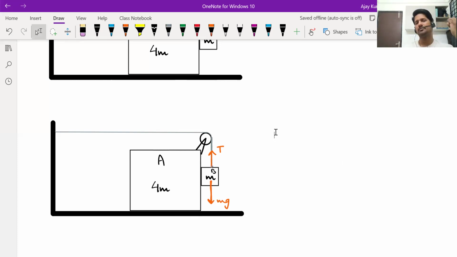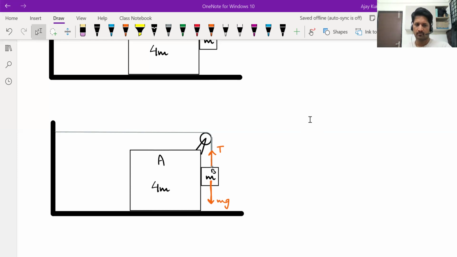Any idea, anyone? What makes A move to the left? Sir, I think the pulley will move towards the left.